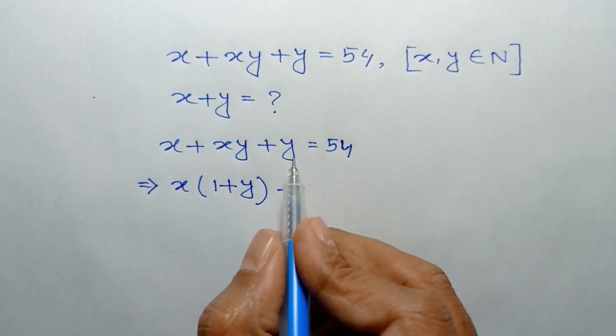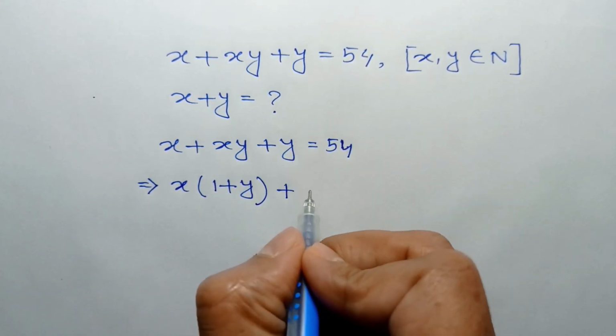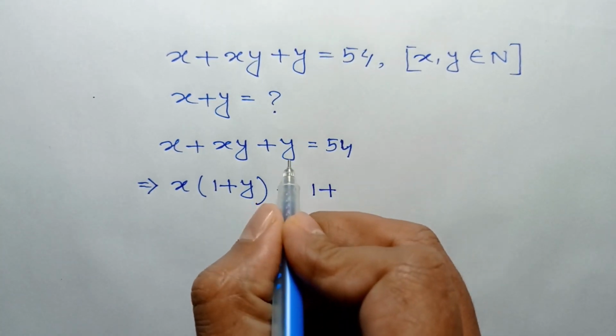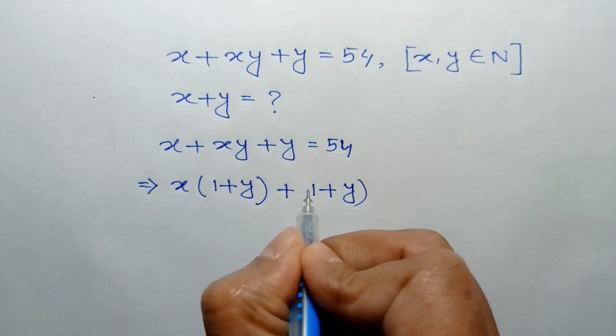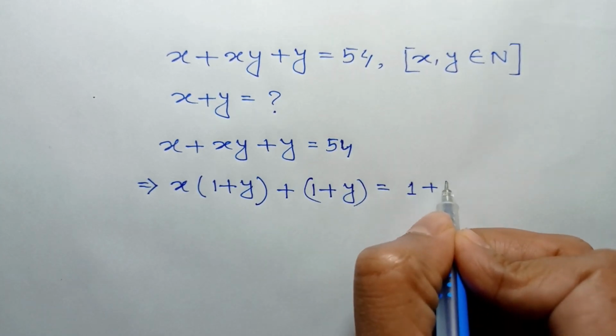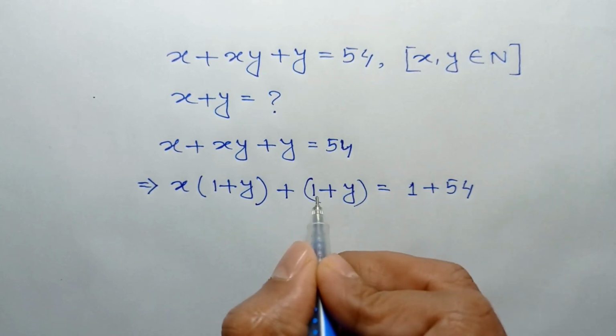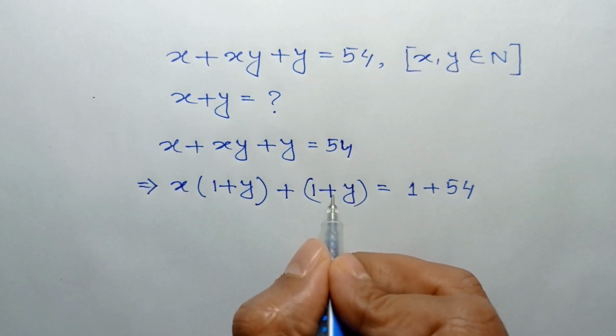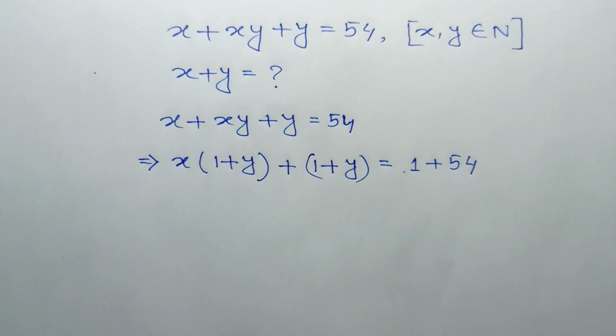Adding 1 to both sides, we can write 1 plus y is equal to 1 plus 54. This 1 and this 1 will cancel out from both sides.